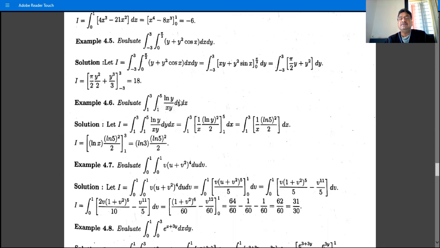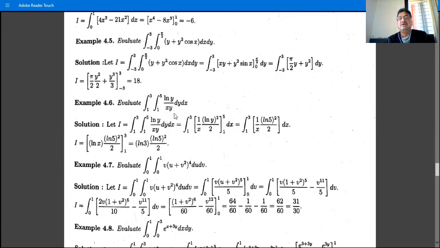dx. That is 1 to 5 is the limit on y, and 1 to 3 is the limit on x. So either integrate with respect to y first or x first. So here is the integration with respect to y first. So 1 by x is constant, and log y by y with respect to y, its integration is log y square by 2, because the derivative of log y square is what? 2 log y into the derivative of log y, which is 1 by y. 2 gets cancelled.